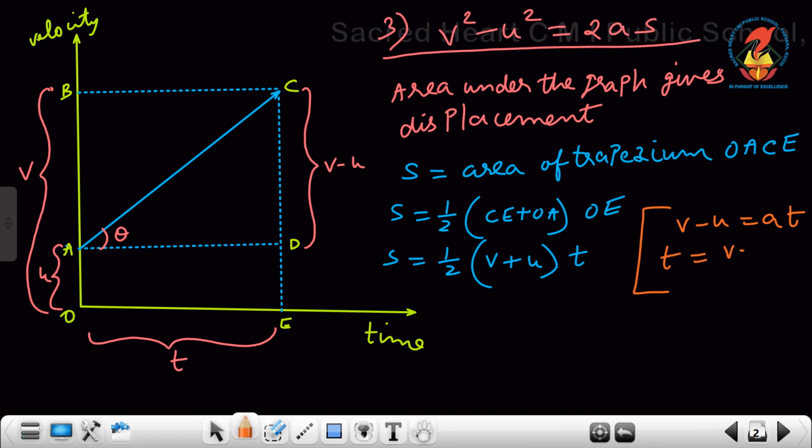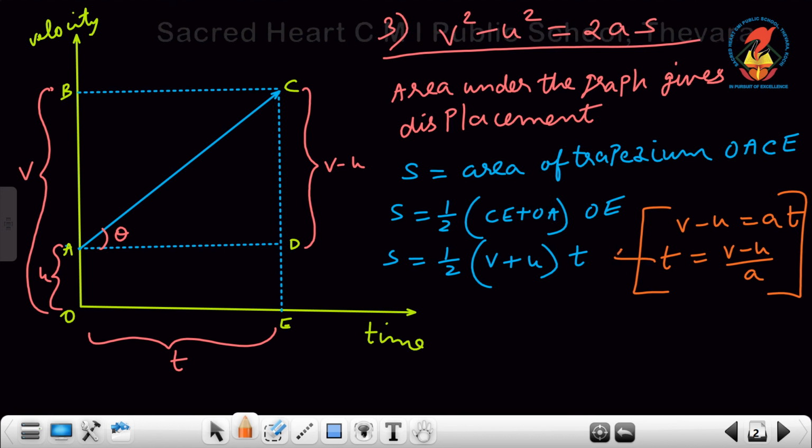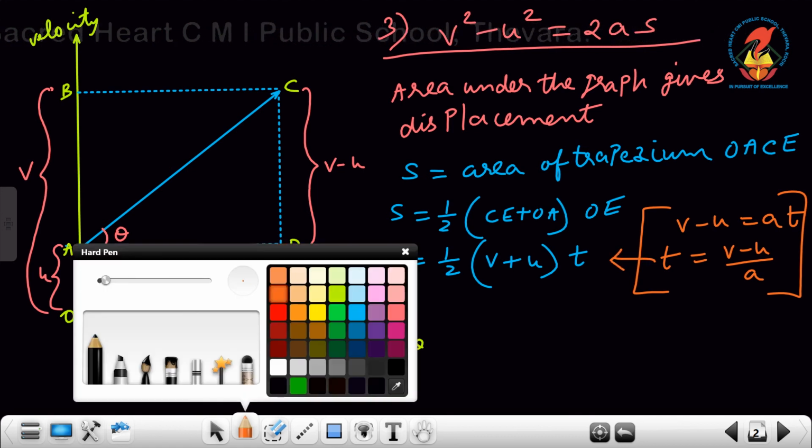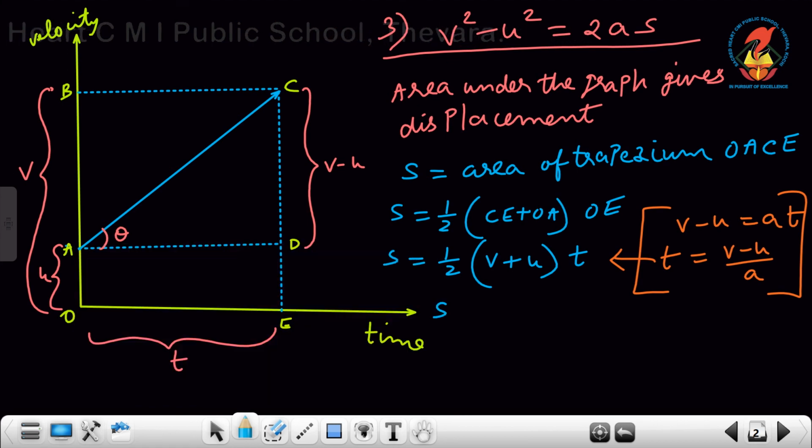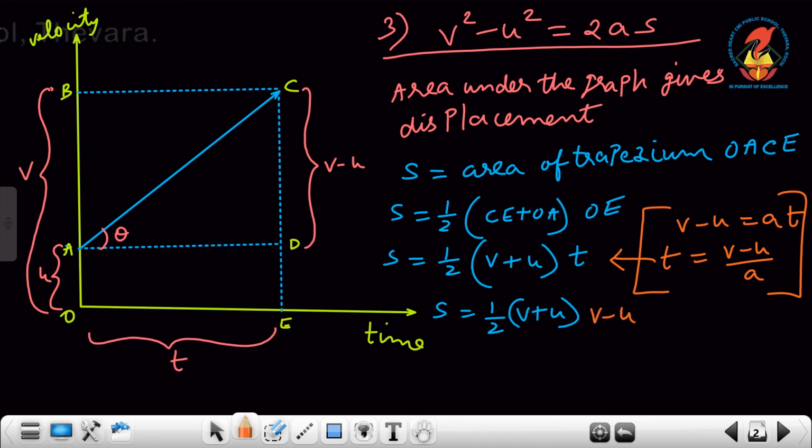So what is T? V minus U by A. So instead of T, we will put it here. So I will get S is equal to half V plus U into V minus U by A.